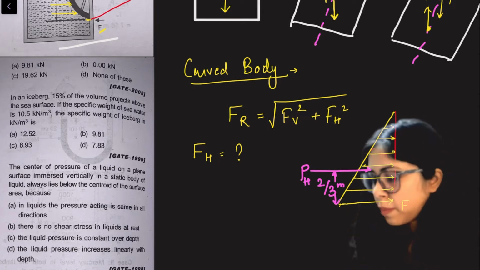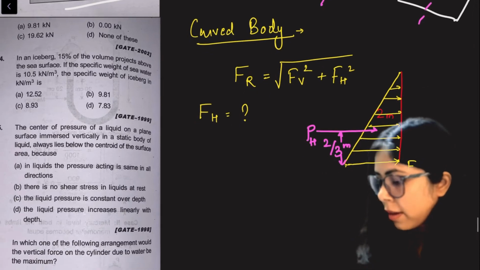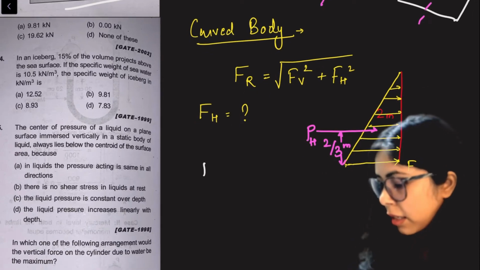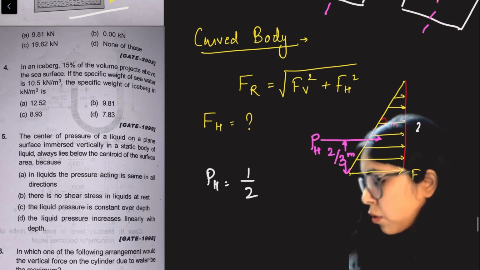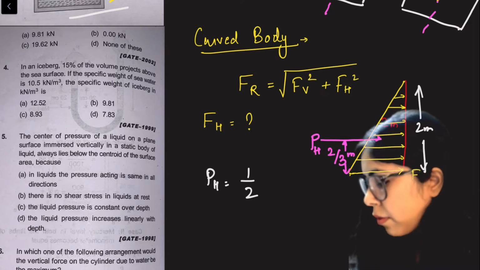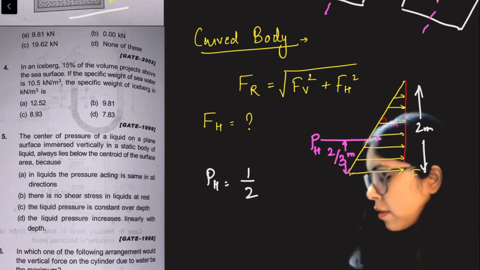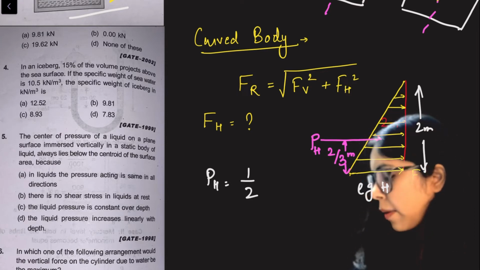I can calculate this pressure. This force is nothing but the area of this triangular loading. So the force FH is equal to 1/2 times the total height, 2 meters, and the width is gamma w h, that means rho g times 2 meters.